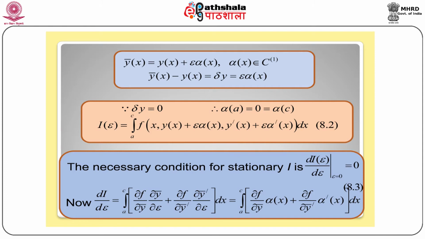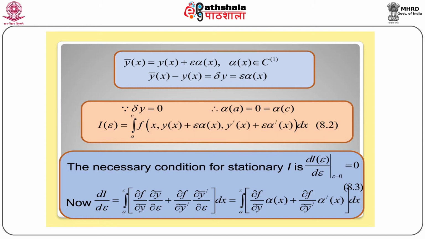Now, d/d epsilon of capital I is equal to the integration over a to c of del f/del y bar into del y bar/del epsilon plus del f/del y bar dash into del y bar dash/del epsilon. Here we have used the chain rule of differentiation, since y bar depends on epsilon and f depends on y bar.